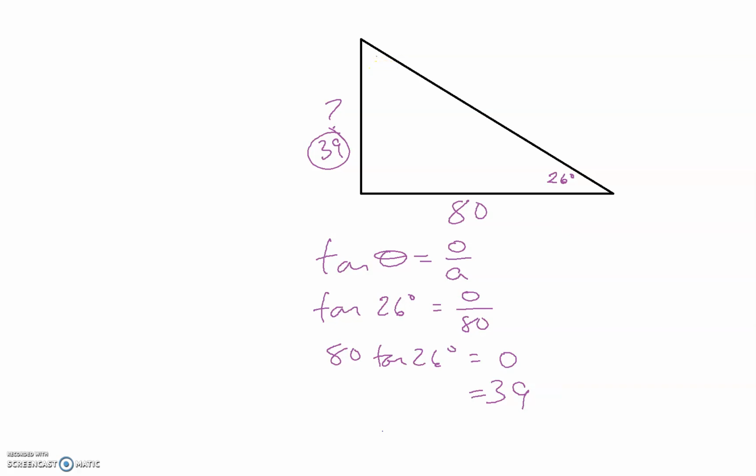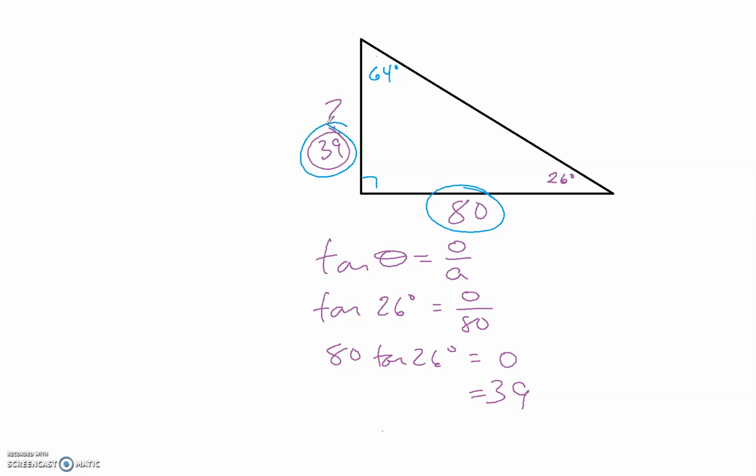I know that if this is 26 degrees down here, this would actually be 64 degrees up here, because they all have to add up to 180, and of course this is the right angle down there. Let's make up another value here. We'll just keep the 80 here, that's fine. And we want, again, to solve for this, once again to get the 39, but just practicing going from a different perspective.